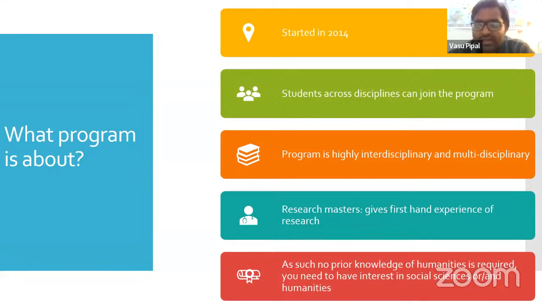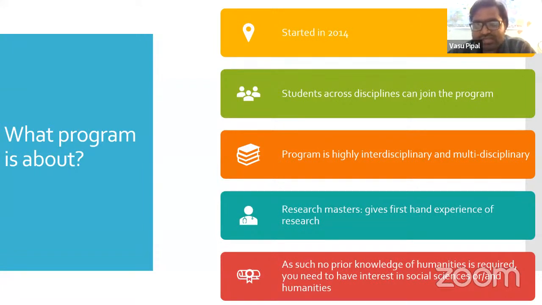One of the very good things about this program is that it's a research master's. So it gives you first-hand experience of research. You spend almost 1.5 years of your program drafting your thesis, writing your thesis, doing your field work, all those things. It is one of the limited courses in India which gives you the experience of research at the postgrad level itself.